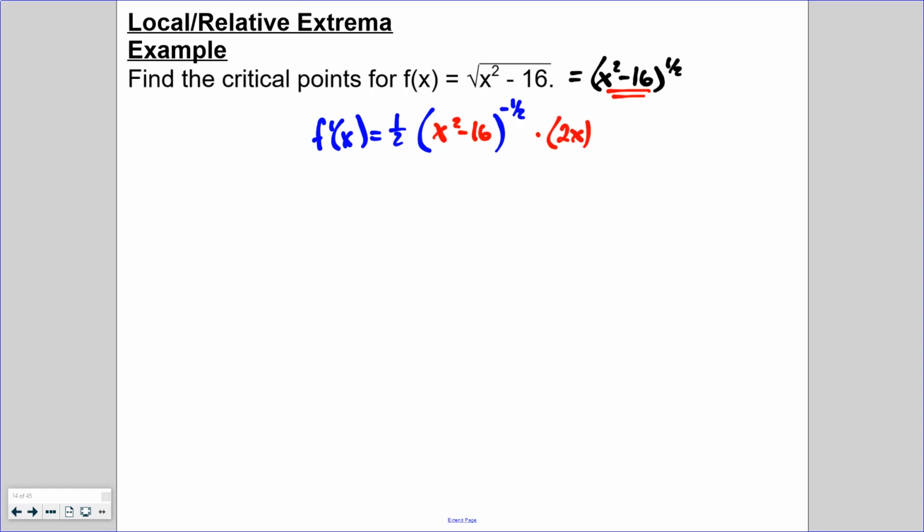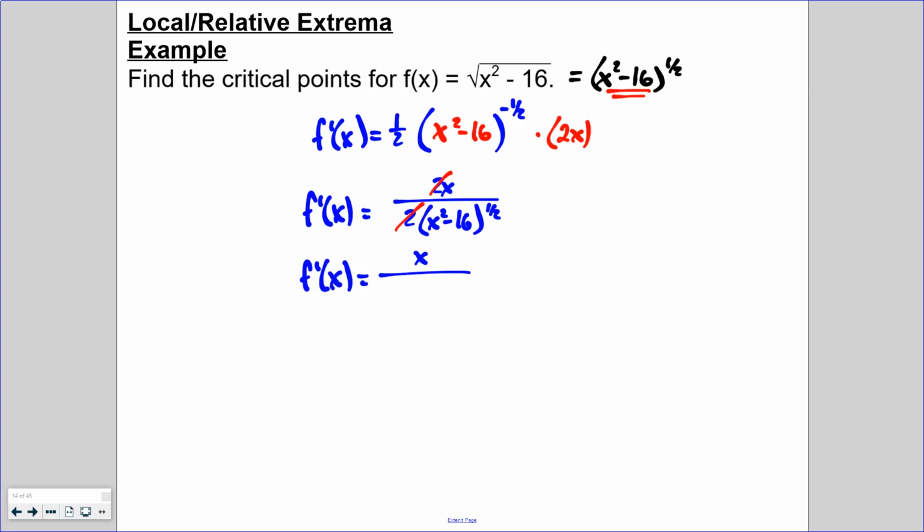Alright, then from here we continue to simplify this down. So we'll have f prime of x is equal to, let's see, I can simplify this down to be 2x over 2 times x squared minus 16 to the 1/2 power. And let's see, I have a factor of 2 in the numerator, factor of 2 in the denominator I can cancel out, leaving me with f prime of x is equal to x over.